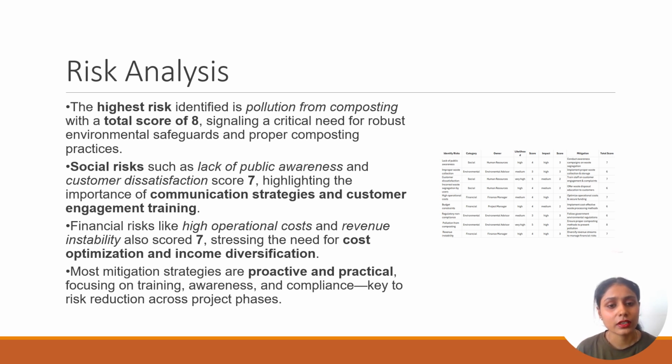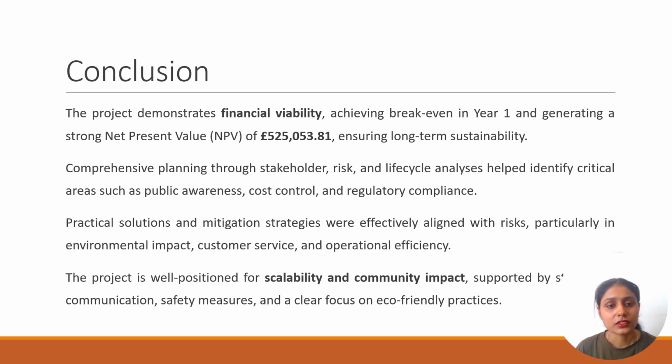Financial risks like high operational cost and low revenue also scored 7, stressing the need for cost optimization and income diversification. Most mitigation strategies are proactive and practical, focusing on training, awareness, and compliance, key to risk reduction across project phases. So last slide is conclusion.